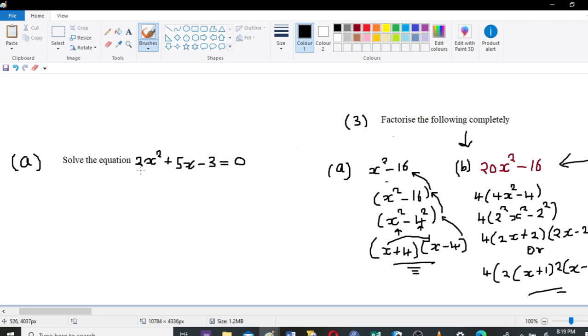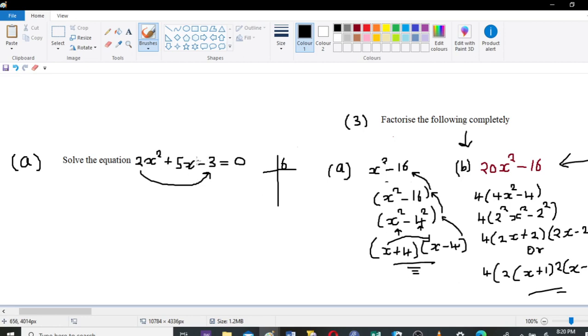So what you do is you multiply the first term. Okay, you multiply the first term and the constant term, right? So if we multiply 2 and 3, we are getting 6, right? We are getting 6. Okay, now what you have to do here, this is the method I use.